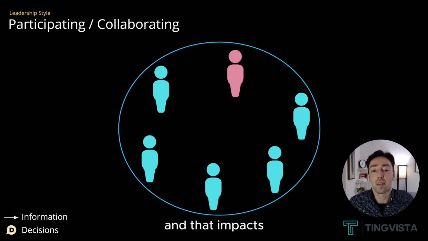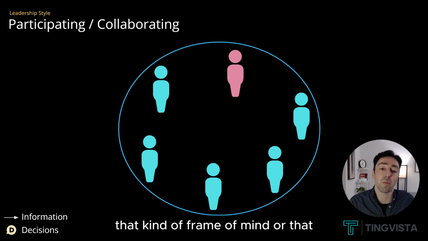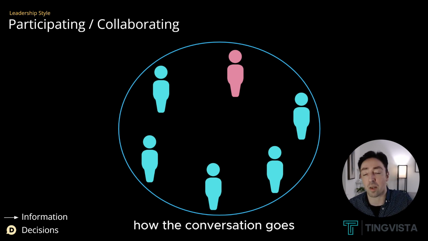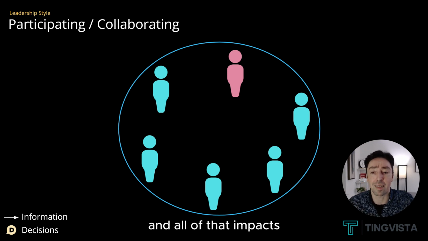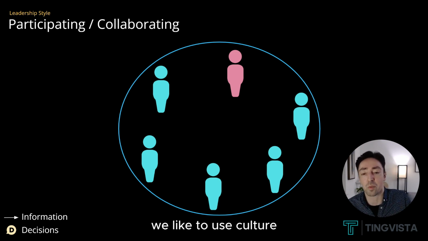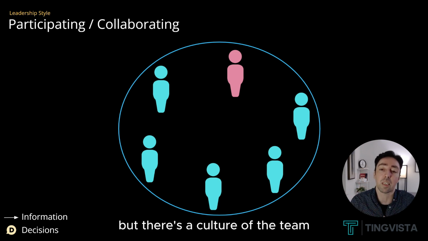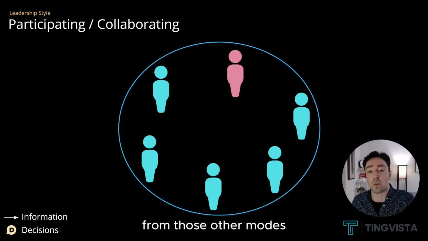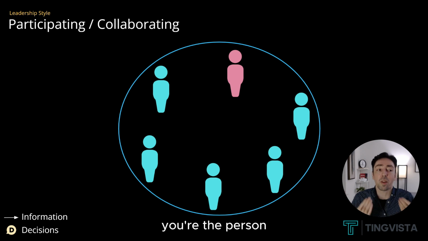That frame of mind can impact how you talk, how the conversation goes, and all of that impacts the general culture. You like to use culture as a buzzword, but there's a culture of the team, and you are shifting it from those other modes where you're the person in charge, to what are we doing as a team.